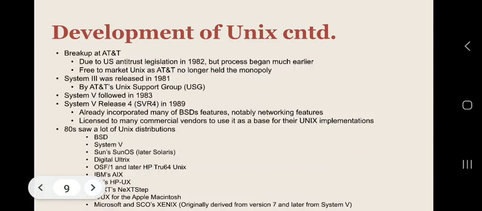So they went ahead and released System 3 during 1981, and it was done by AT&T's Unix Support Group, USG. And System 5 was released in 1983, and this was also during the BSD 4.1, 4.2 time.